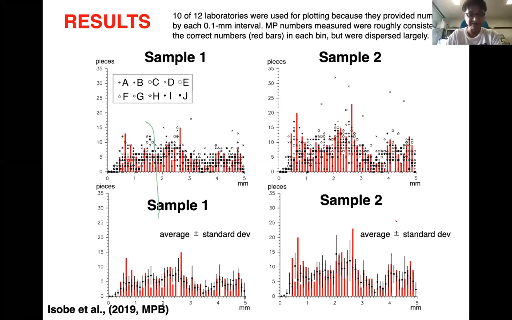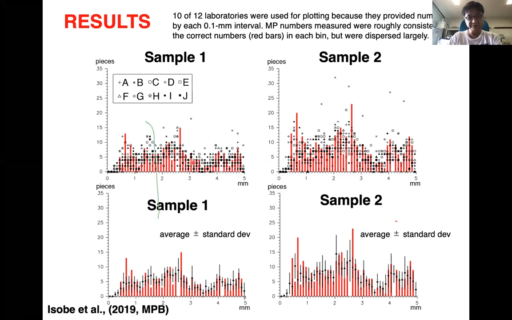And as I said, the red bar means the correct numbers in each sample bottle. And these marks mean the number by size, different sizes, counted by each different laboratory.